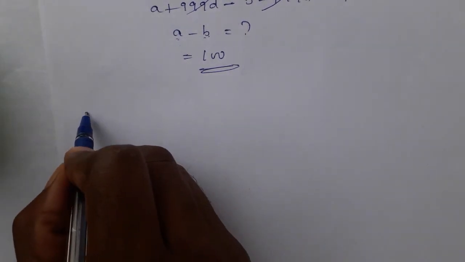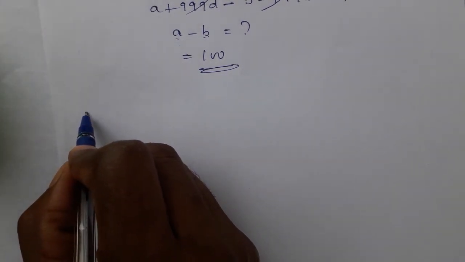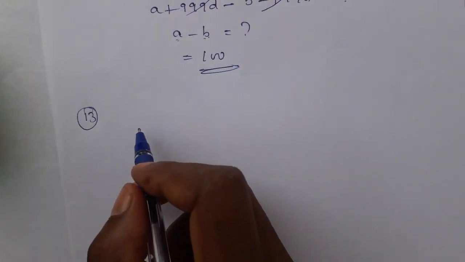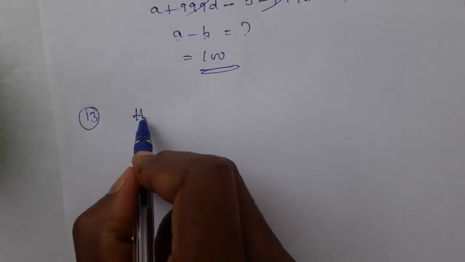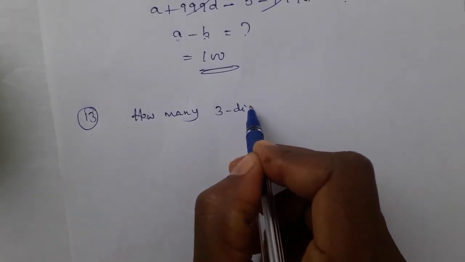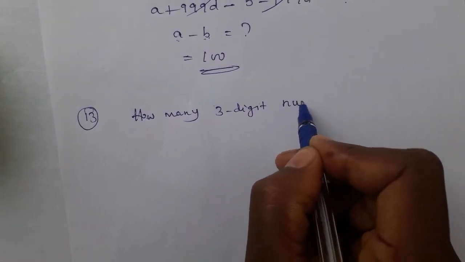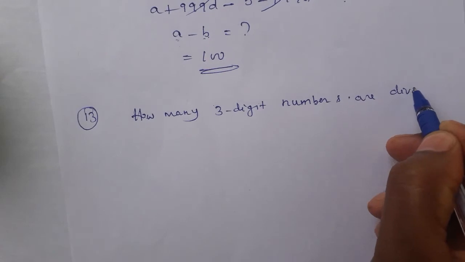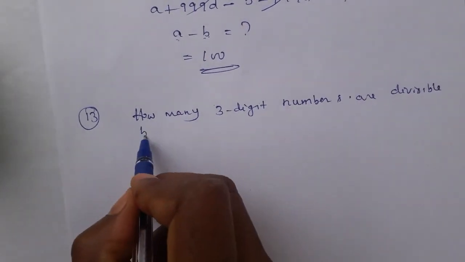So I go for one more problem. The 13th problem I do. This is the last problem of today's class. How many three digit numbers are divisible by 7?